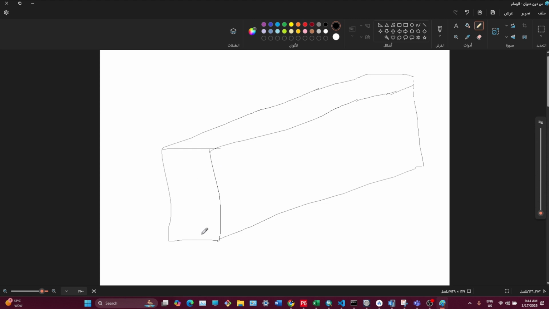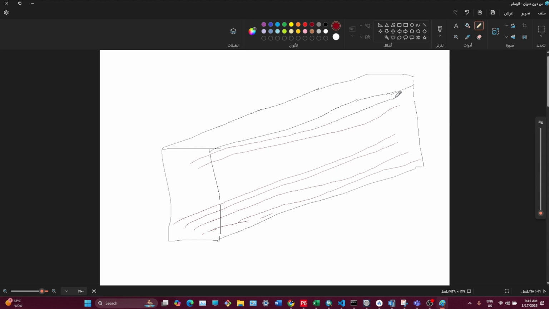In this beam, let's draw in another color. This is the bottom steel, and also we have here top steel. And we have the stirrup in this color.